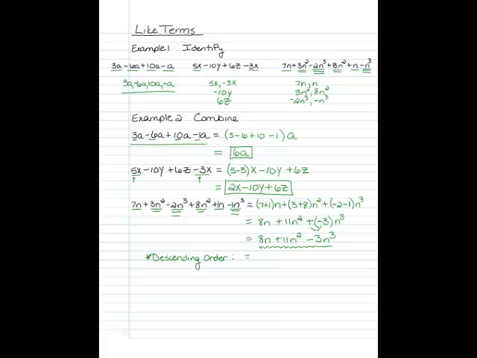So just rewriting this, all I'm going to do is reorder this right here. The term with the highest exponent is this one right here. So I'm going to start with negative 3n cubed. The next highest power is 2, so I'm going to write that term next, plus 11n squared, and then 8n last.